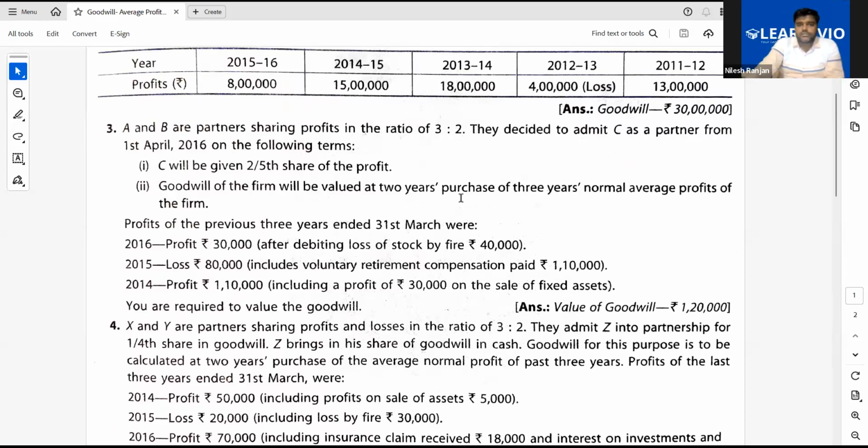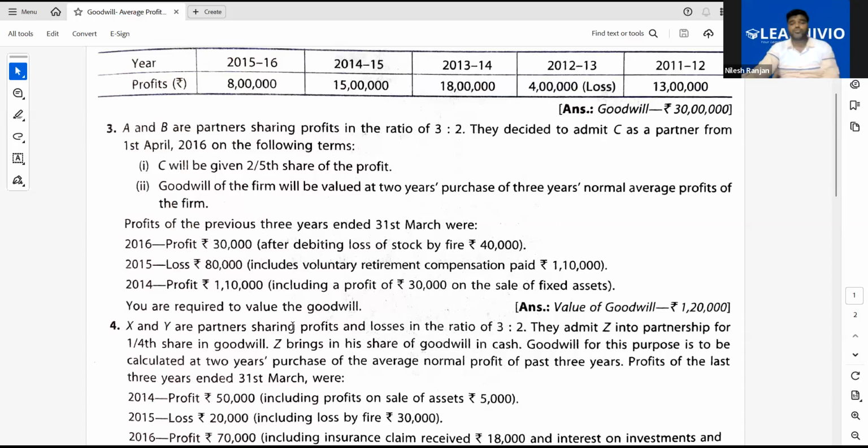Profit of the previous 3 years ended 31st March were: 2016, it is 30,000, after debiting loss of stock by fire; there is a loss of 80,000 in the second year, which includes voluntary retirement compensation paid 1,10,000; 2014 profit 1,10,000, including a profit of 30,000 on sale of fixed assets. You are required to value the goodwill.